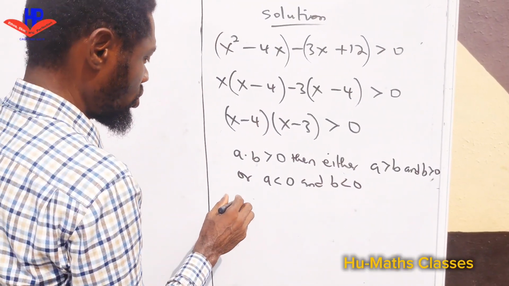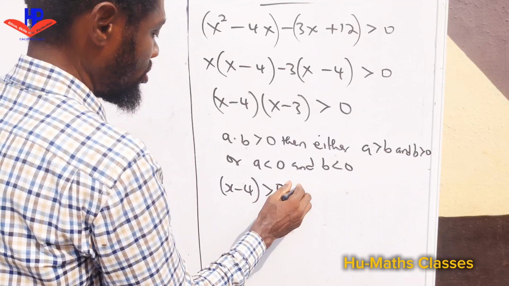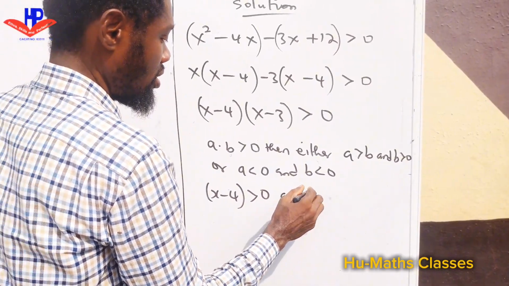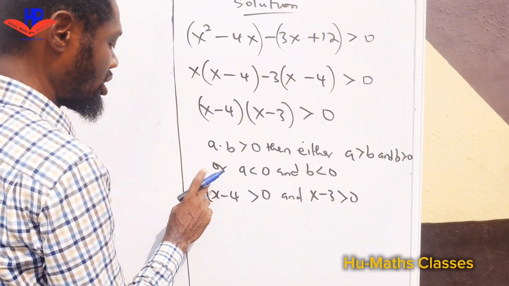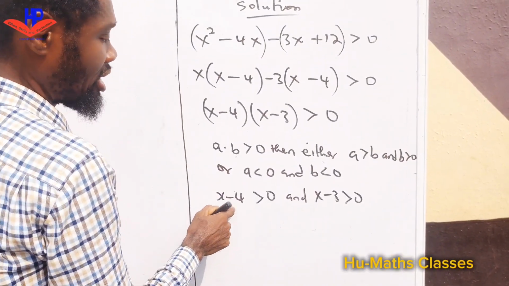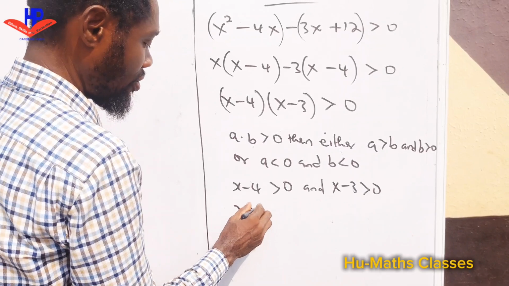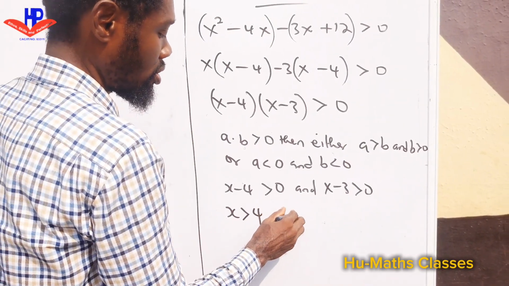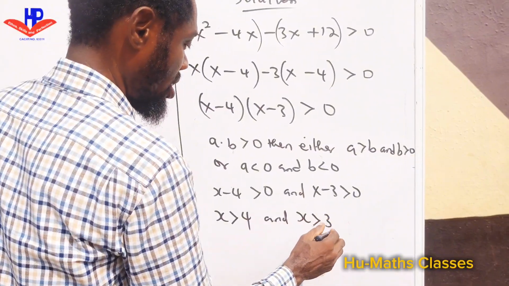If that is true, we have x minus 4 is greater than 0 and x minus 3 is greater than 0. Let me remove the bracket here. We're going to make x the subject, so that will give us x is greater than 4 and x is greater than 3.